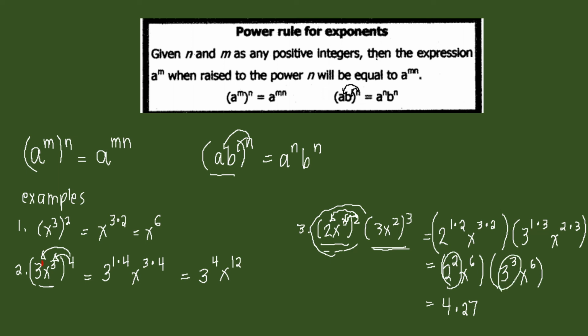And then the expressions with the exponents, the variables, we copy x and then add its exponent because it's multiplication. So what is 4 times 27? So 4 times 27 is 108. So 108 x to the 12th power. So this is our answer. Did you get that?